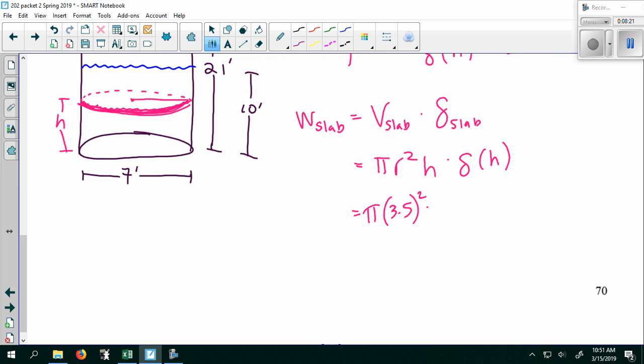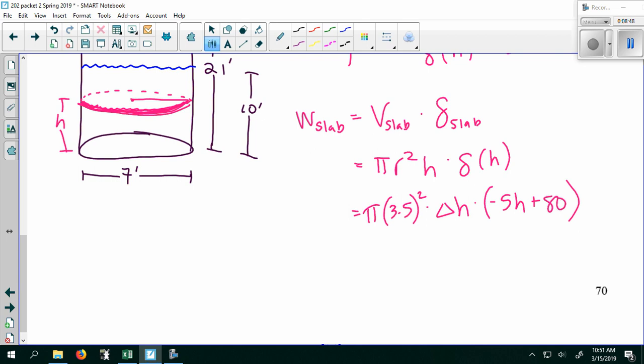Yeah, it's some small change in the height. And then the density at height h is given by the formula -5h plus 80. Does that make sense? Okay.